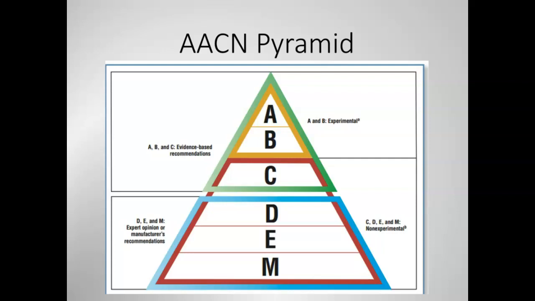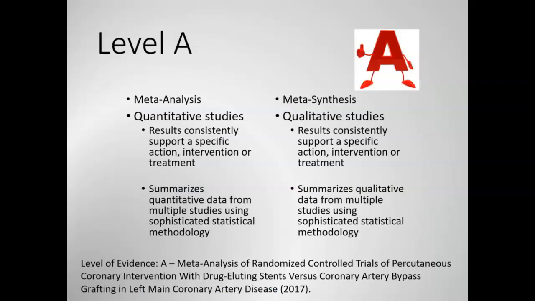So we're going to look at each one of these individually so you might be able to understand this just a little bit better. Level A is either a meta-analysis or a meta-synthesis. So a meta-analysis is a whole bunch of articles put together, and they are quantitative studies. So we're looking at all the different numbers, percentages. This article said this, this article said this, this article said this.